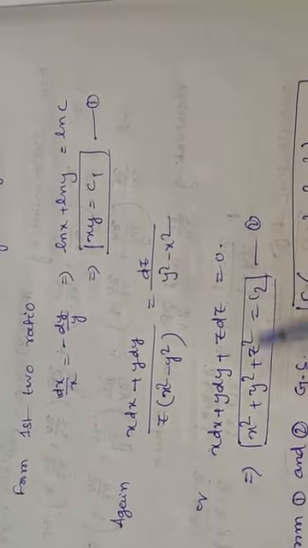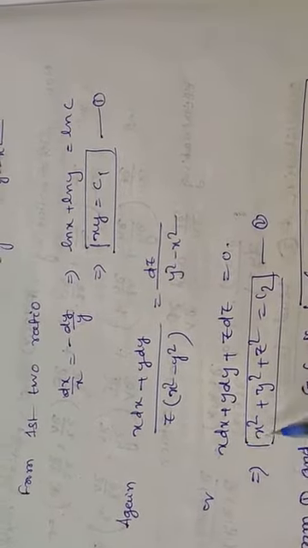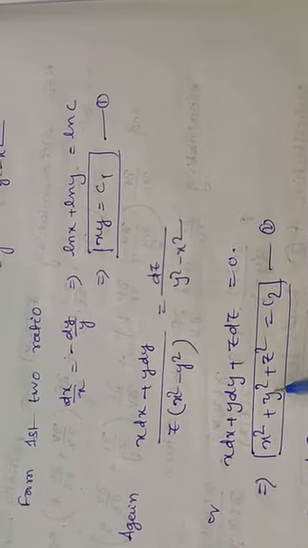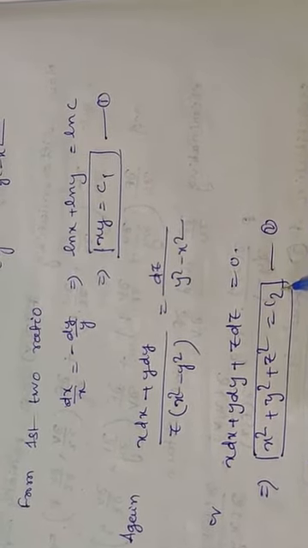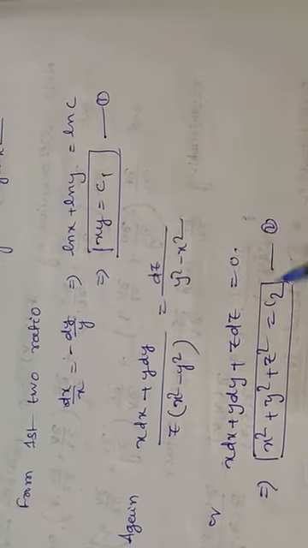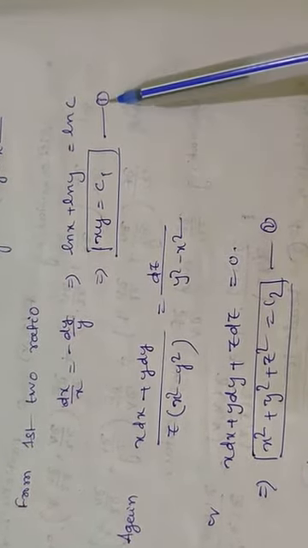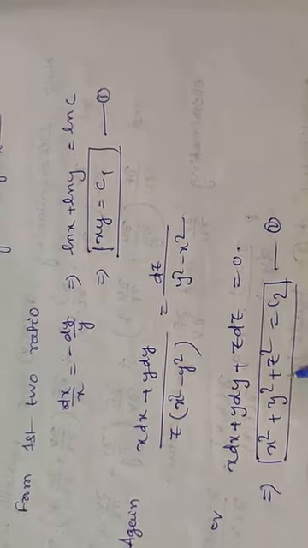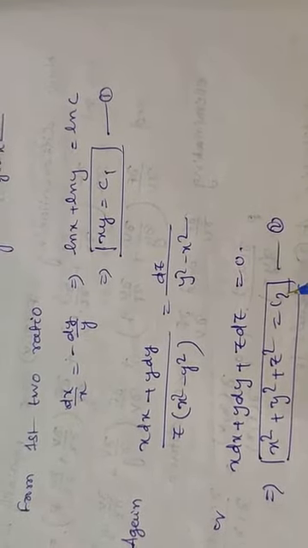On integration it gives x square by 2 plus y square by 2 plus z square by 2 is equal to c2. So 2 is multiplied in c2 and it becomes x square plus y square plus z square is equal to c2. So we get two relations, xy is equal to c1 and x square plus y square plus z square is equal to c2.